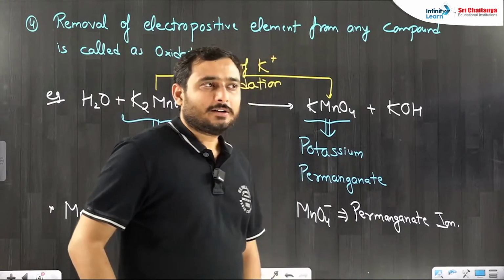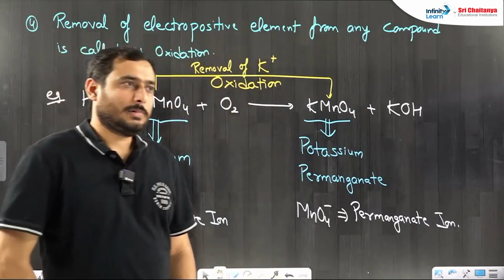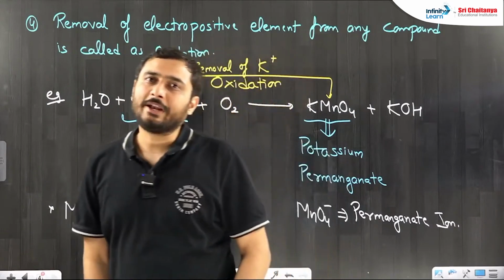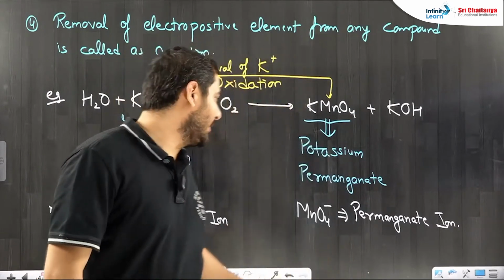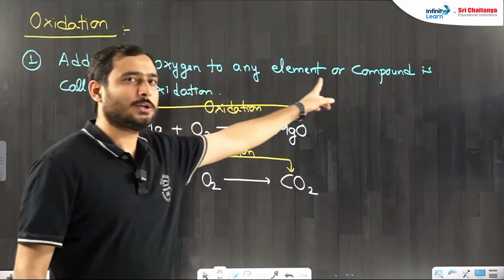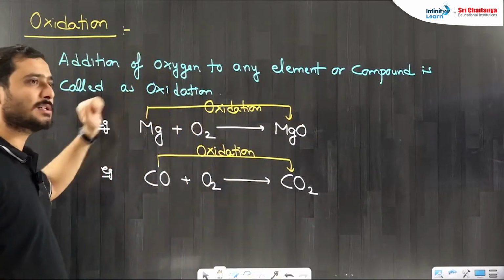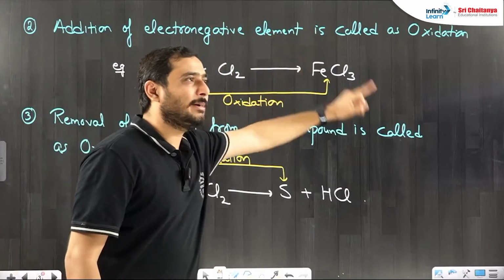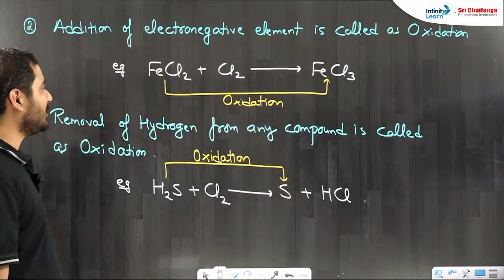So listen now. In total there are 4 processes for oxidation. First, if we add oxygen to any element or compound, that is called oxidation. Second is addition of electronegative element, also oxidation.